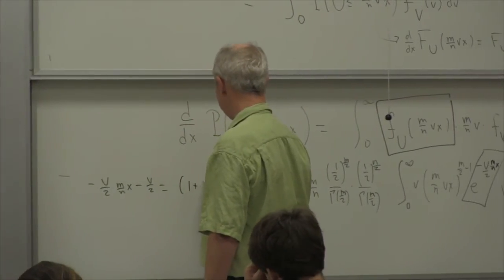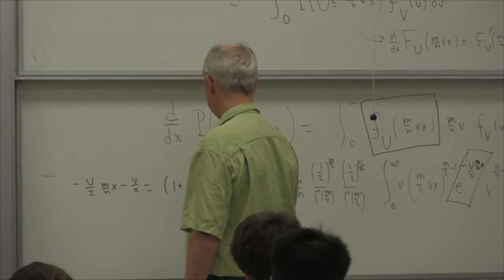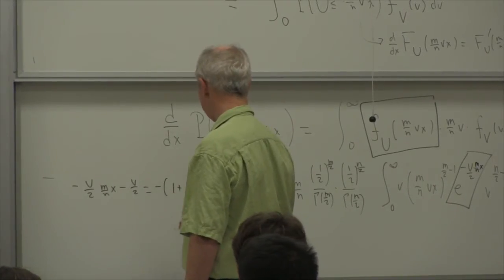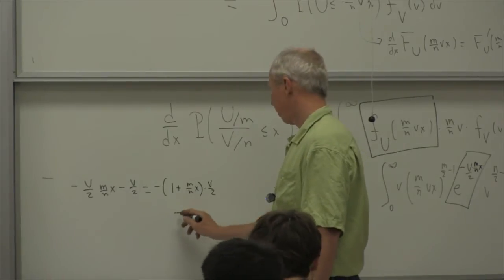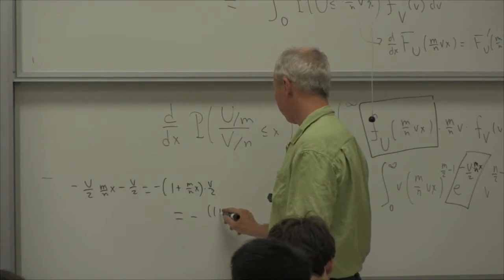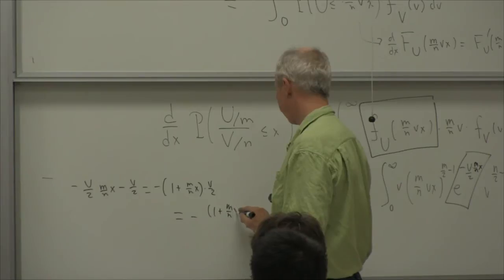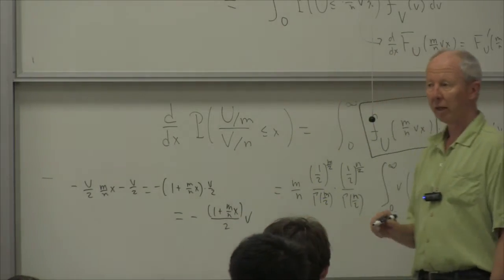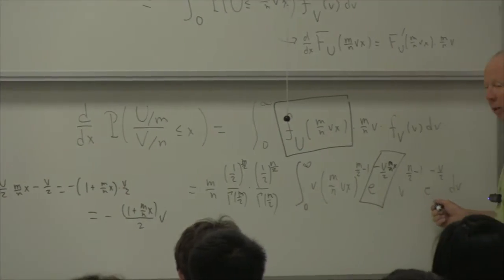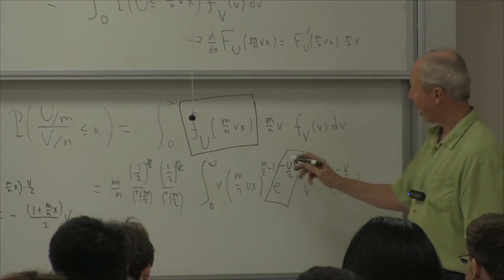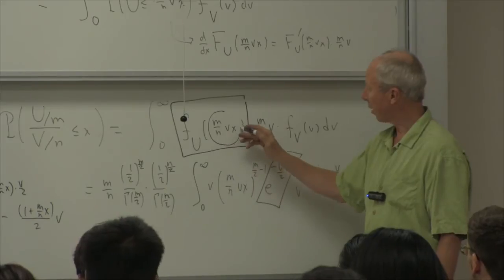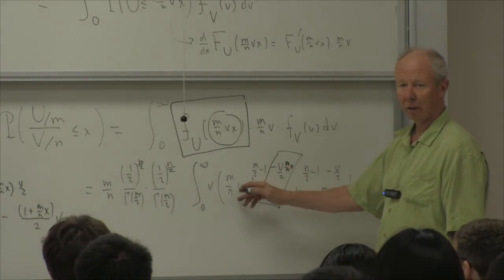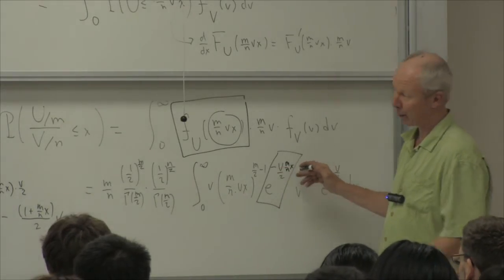I get 1 plus m over n x times v over 2. Or maybe I'll write it this way, minus 1 plus m over n x over 2 times v. Okay? That's what happens when I combine these two exponentials. So once again, I forgot to put m over n v x in the exponent part of the density for u. I put it in the power part, but you also have to put it in the exponent part.